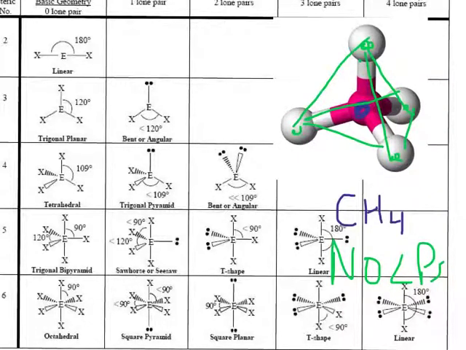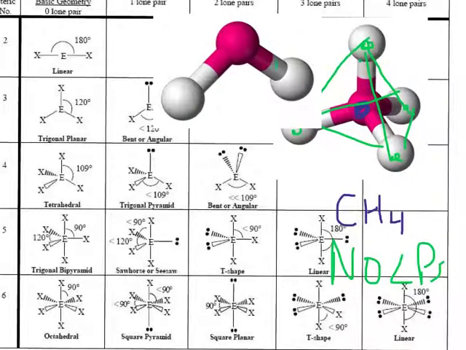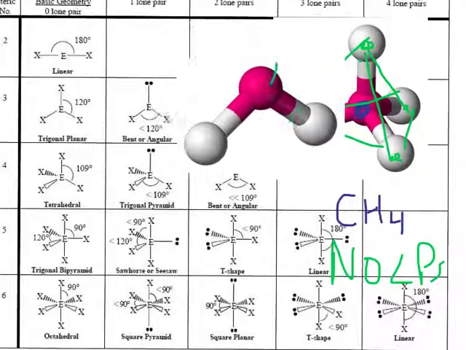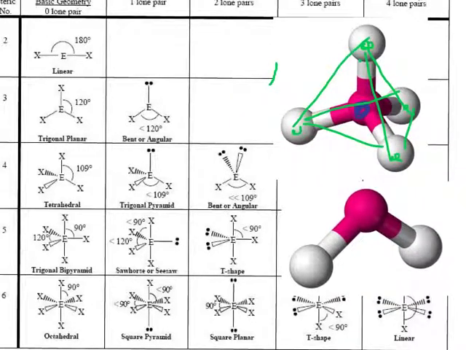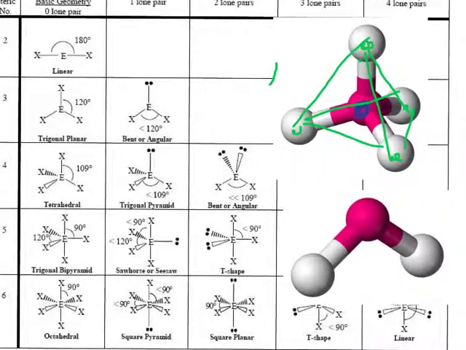Let's try another one. Here, we have a water molecule. In order to draw the water molecule, you would need to add some lone pairs. Remember that the oxygen is going to have 2 lone pairs around it.